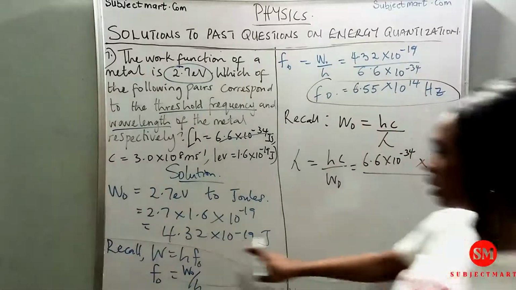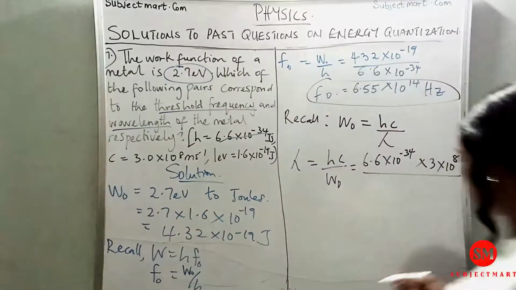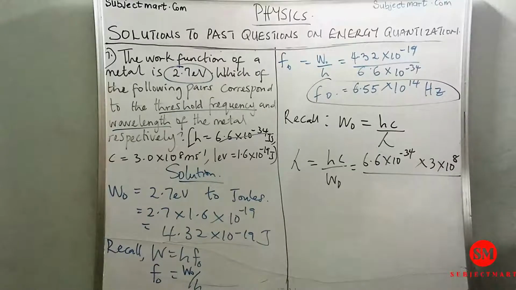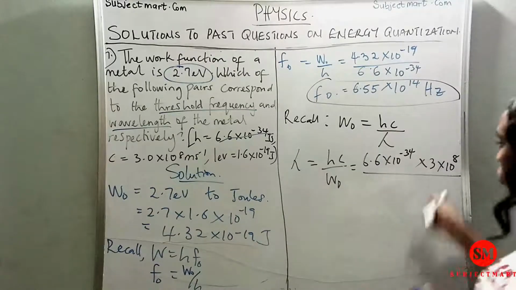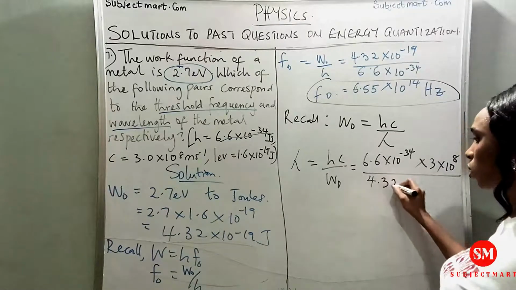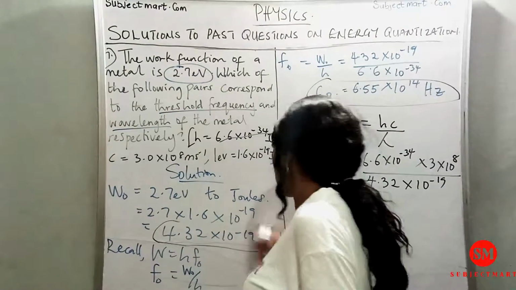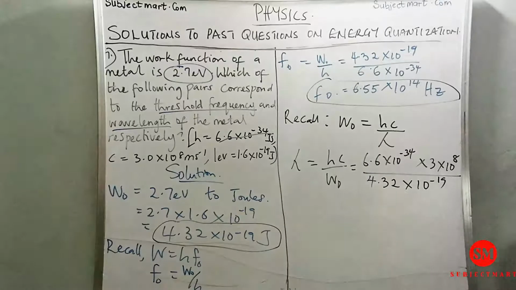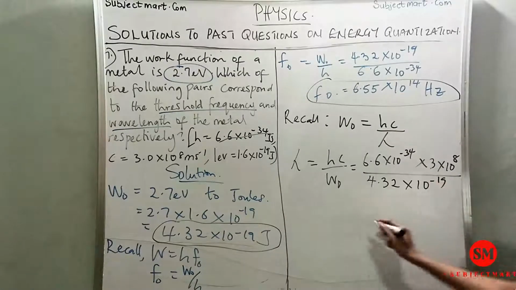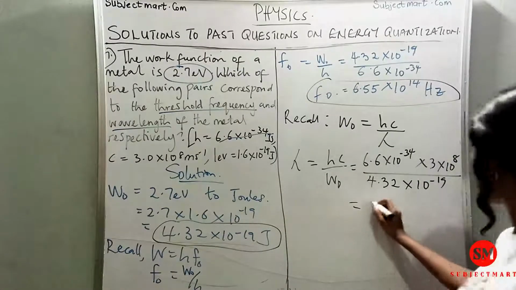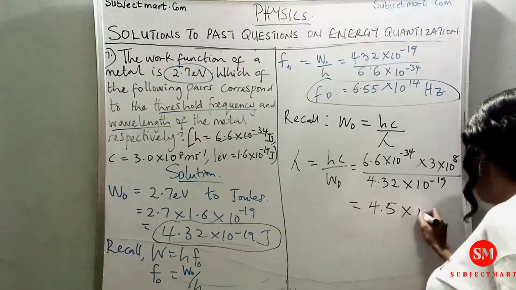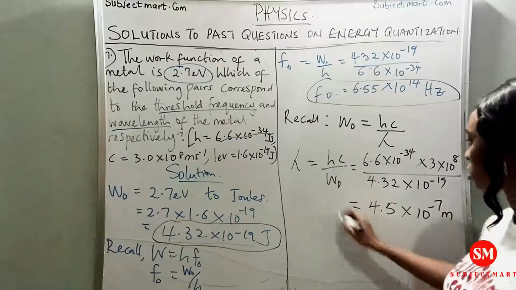We just calculated that to be 4.32 times 10 raised to the power minus 19. That was what we got here as W naught. So multiply this and divide, and that will give us 4.5 times 10 raised to the power minus 7 meters.